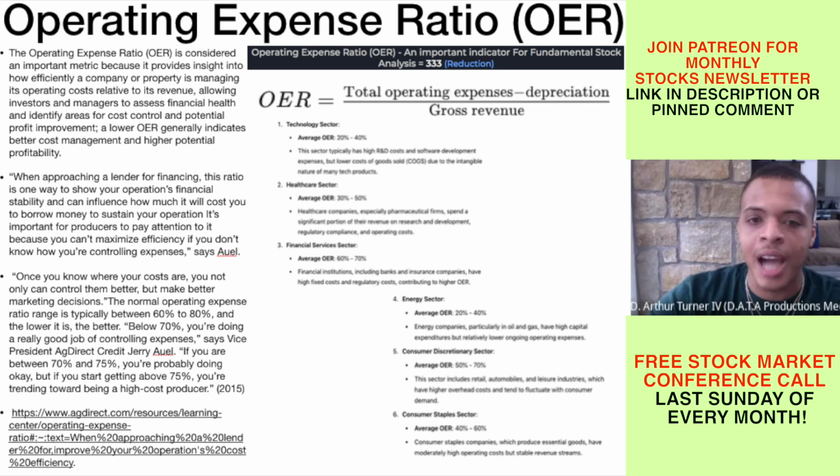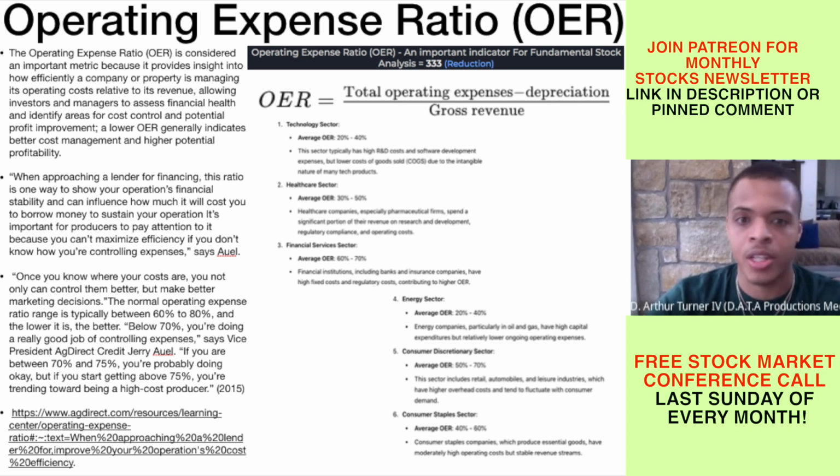So the technology sector, as we get a little bit closer, we'll look. The technology sector has an average OER of 20 to 40%. This sector typically has high research and development costs and software development expenses, but lower cost of goods sold, COGS, due to the intangible nature of many tech products.